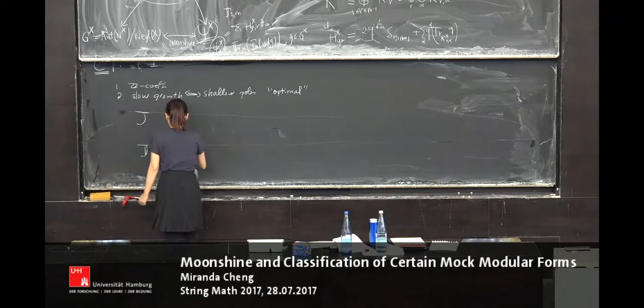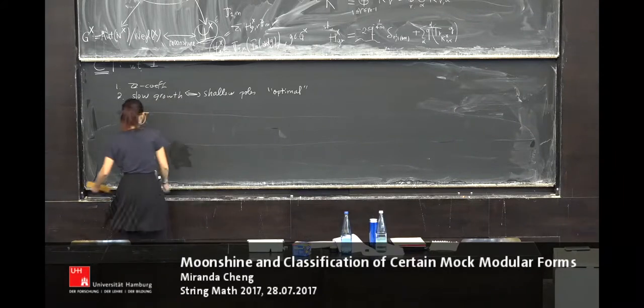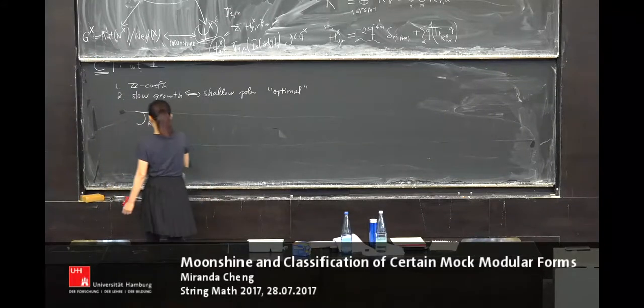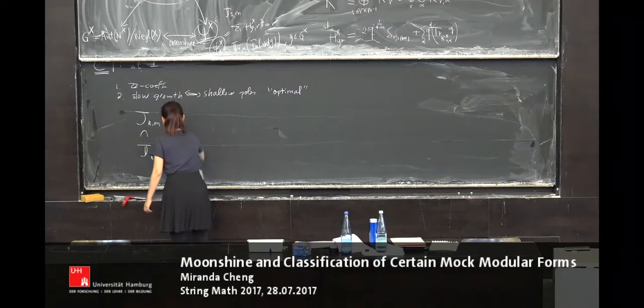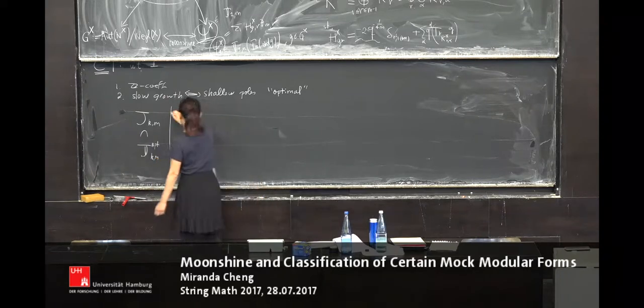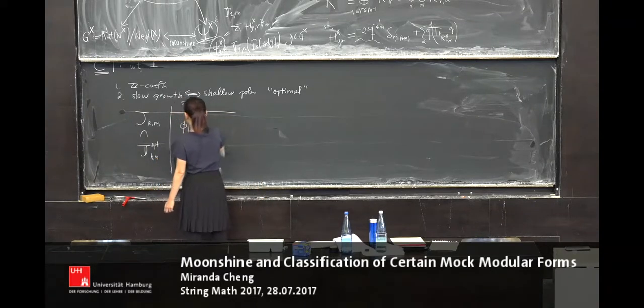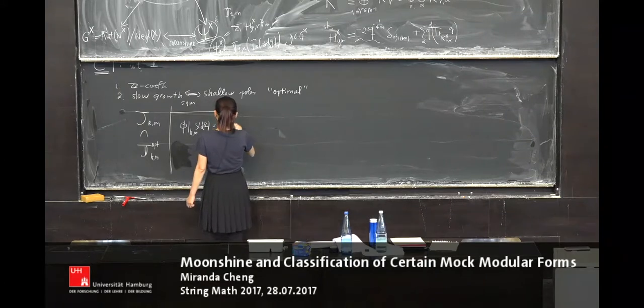So how is it defined? For comparison, I also write down the definition of Jacobi forms at the same index and same weight. The first difference is the symmetry property. This says that phi, which is an element of this, has to be invariant under the modular and elliptic action.